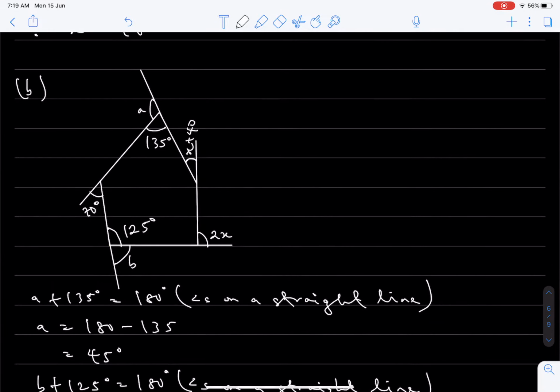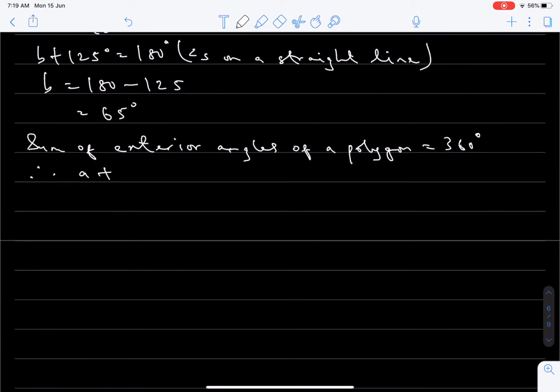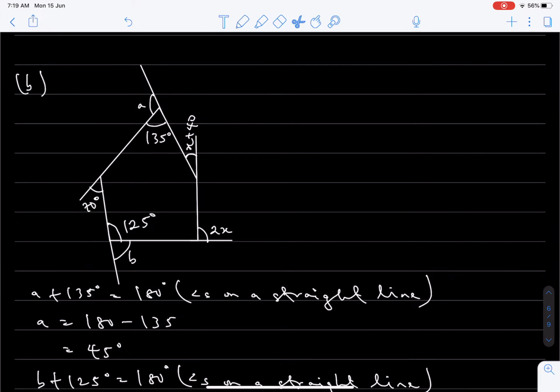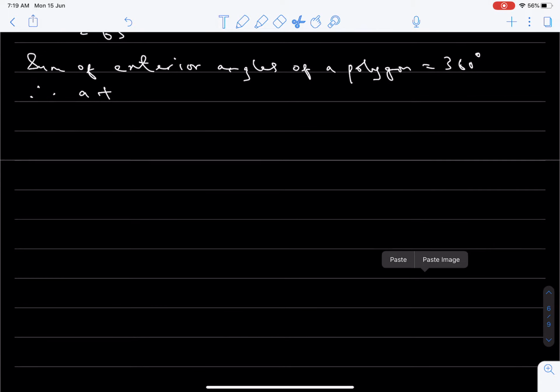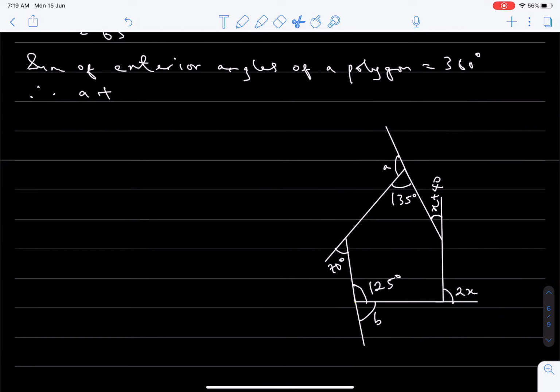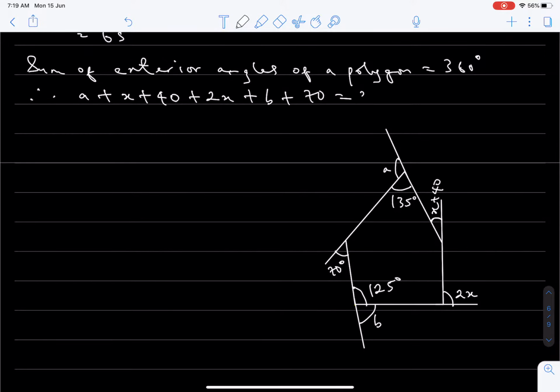Therefore, maybe you want to bring the diagram down here so that we can see all the angles without having to scroll up and down. Alright, so these are the exterior angles. A plus x plus 40 plus 2x plus B plus 70. Those are all of the exterior angles, and they add up to give 360 degrees.